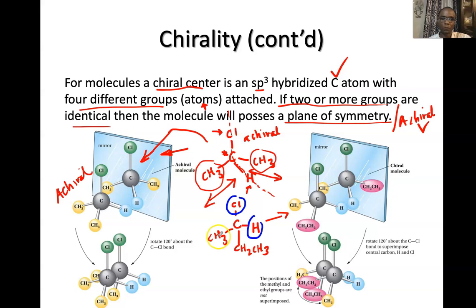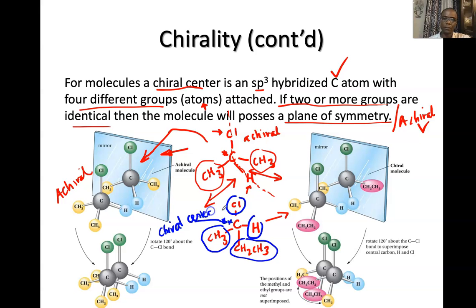Chlorine is different from CH3 and the ethyl. Hydrogen is different from all these other groups attached to the central carbon in question. So this carbon right here is surrounded by 4 different groups of atoms or 4 different atoms. So in that case, this carbon is said to be a chiral center.